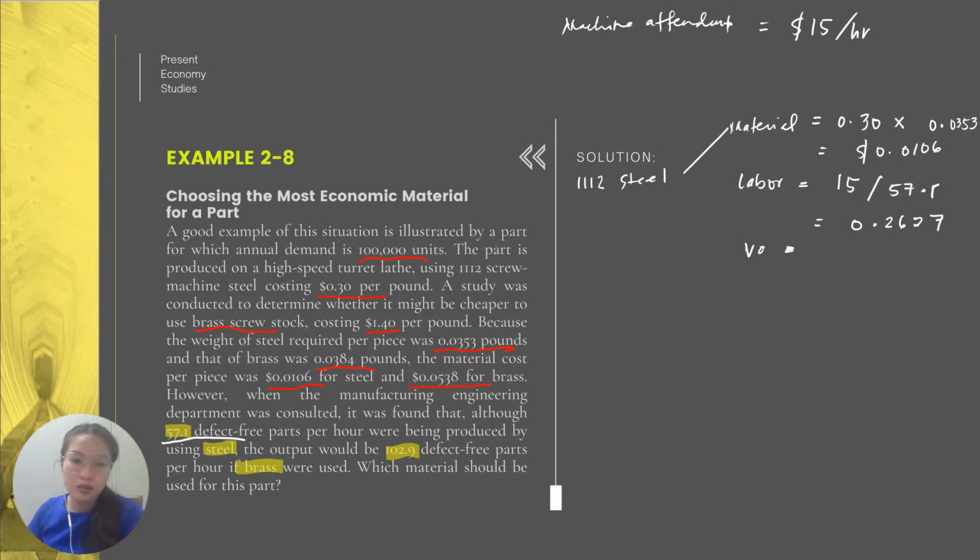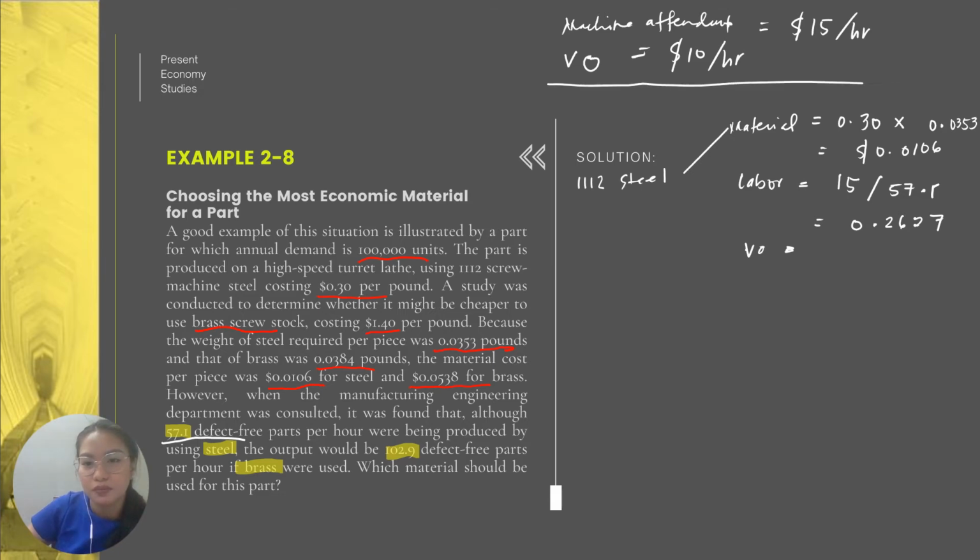okay, so this is another given. Sorry. Given the variable overhead costs for turret lathe is $10 per hour. This is given. So you simply have to divide that one by the defect-free parts per hour.